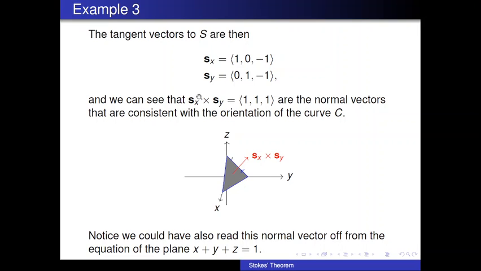So that's a good way to tie in something from way long ago, picking off a normal vector from an equation of a plane, and doing it this totally different way of parameterizing the surface first and computing the normal vector field by taking the cross product of two tangent vectors.